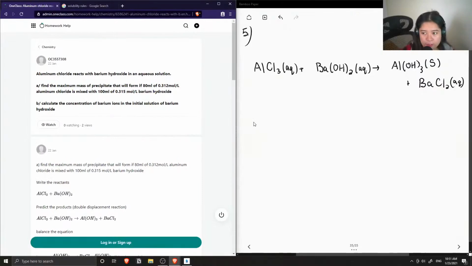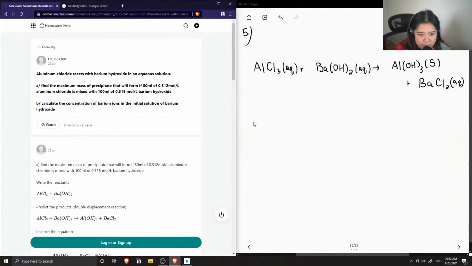Okay, so we know our products now, and to answer the next questions, we just need to first balance the reaction. So notice we have 3 chlorine ions and 2 hydroxide ions on our reactant side, and we have 3 hydroxide ions and 2 chlorine ions on our product side. So to make sure everything is balanced, we just need to put on the opposite subscripts as our coefficients.